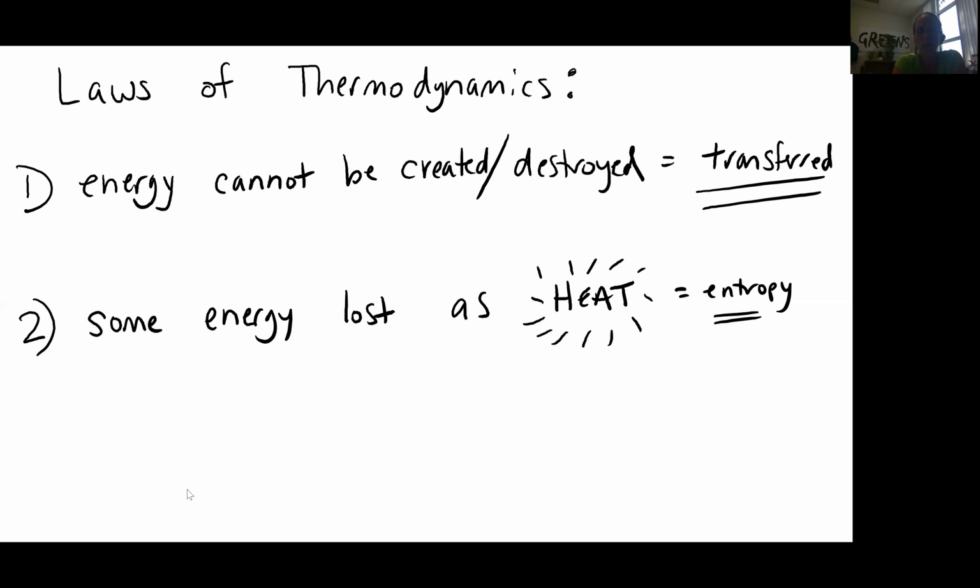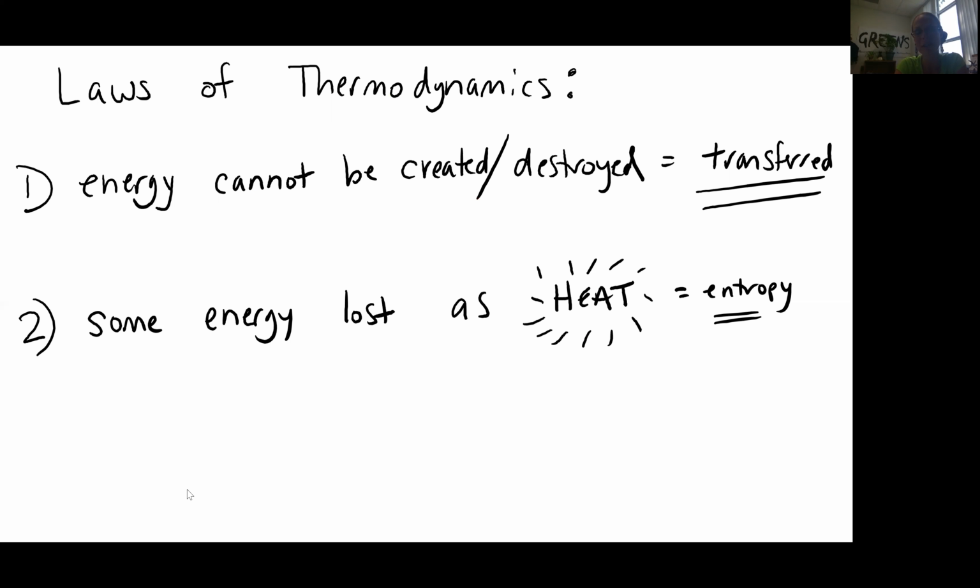So for instance, when we talk about photosynthesis, we'll see that energy is transferred from the sunlight to biomolecules, and then we can see it being transferred from the sugar to the ATP molecule, and then as that ATP molecule is broken down for work in the cell, we'll see that some of that energy is transformed into heat.